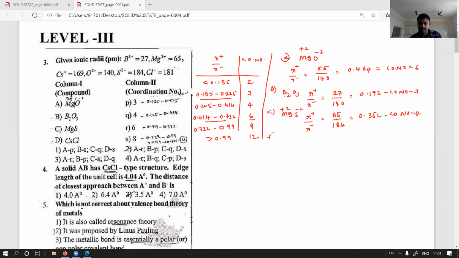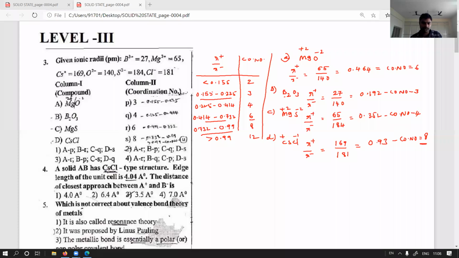Let's see the next, fourth one, cesium chloride. Cesium Cs+ and Cl-. The radius ratio of cation by anion is cesium 169 by chloride ion 181. Then we get 0.93, which is in between 0.732 to 0.99. Then the coordination number is 8.